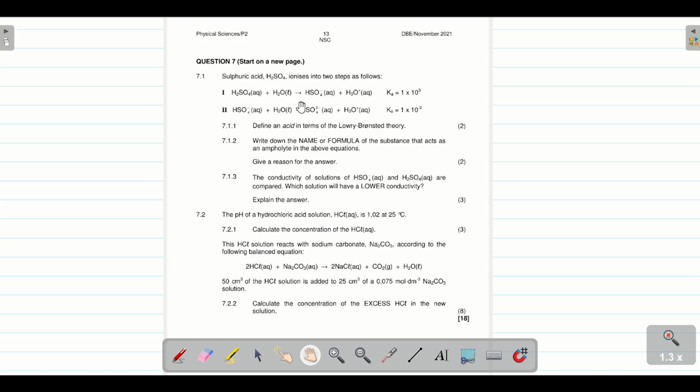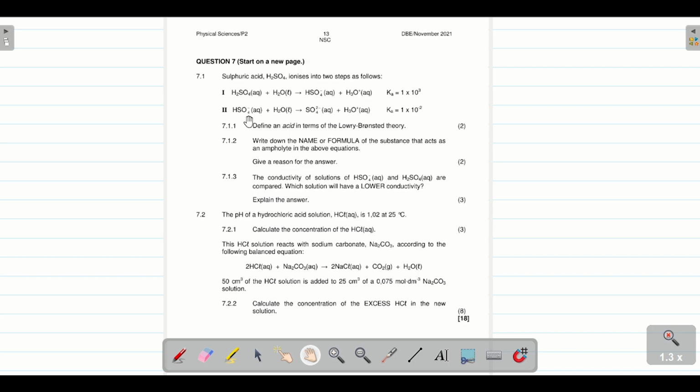Because HSO4 minus is formed, it is the conjugate of this substance, and therefore it is a base. So in reaction 1, HSO4 minus is a base because it's a conjugate of the acid, but in reaction 2, HSO4 minus is an acid because it's a proton donor.